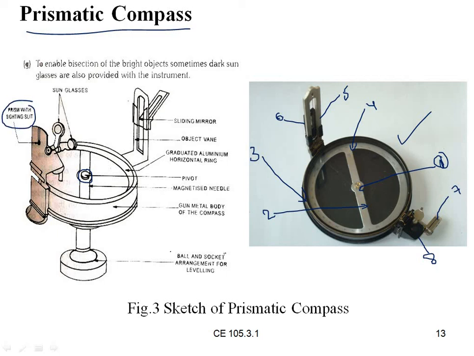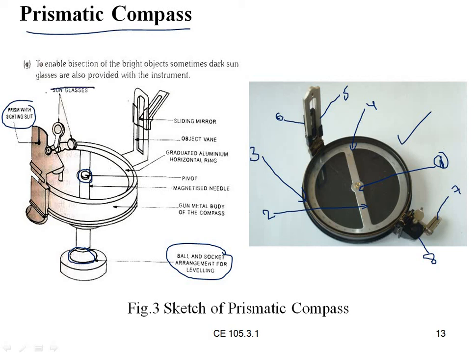Next is the ball and socket arrangement for leveling. The top portion we cannot see, but you can see the bottom portion. This will be a metallic part, called the ball and socket arrangement for leveling. This will be fixed on a tripod stand.